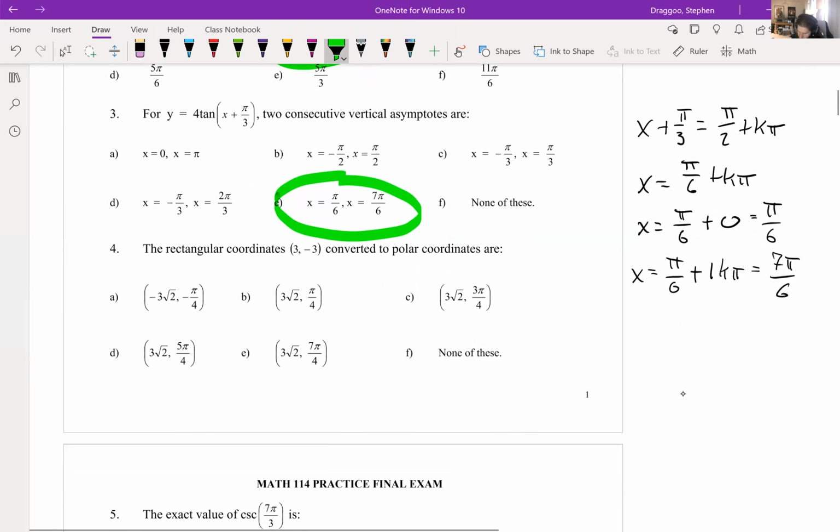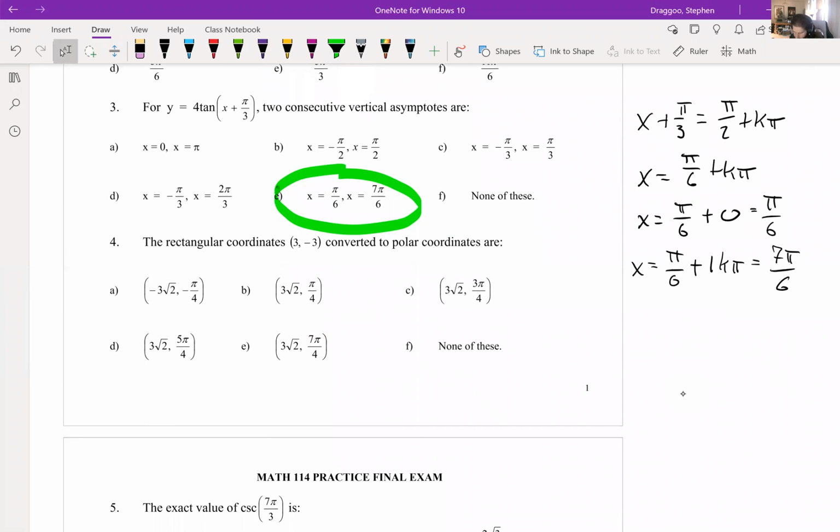All right, and then we'll convert rectangular coordinates into polar coordinates and figure out what we get. Okay. So we know that tan theta is equal to 3 over negative 3, which is negative 1.